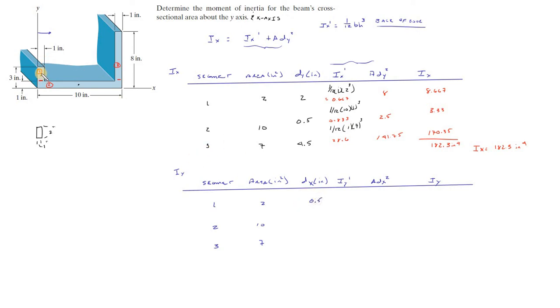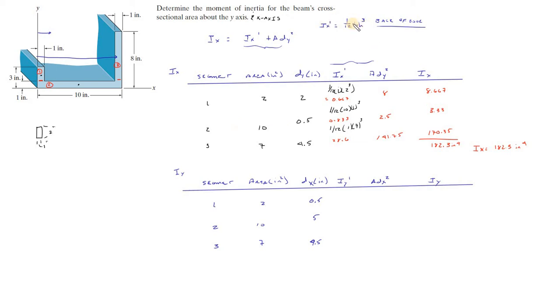That's the x to the center of segment 1. Now I'm going to get 5 from the y-axis to the center of segment 2. And then I'm going to get 9.5 from my y-axis to this point here. That's halfway of segment 3.